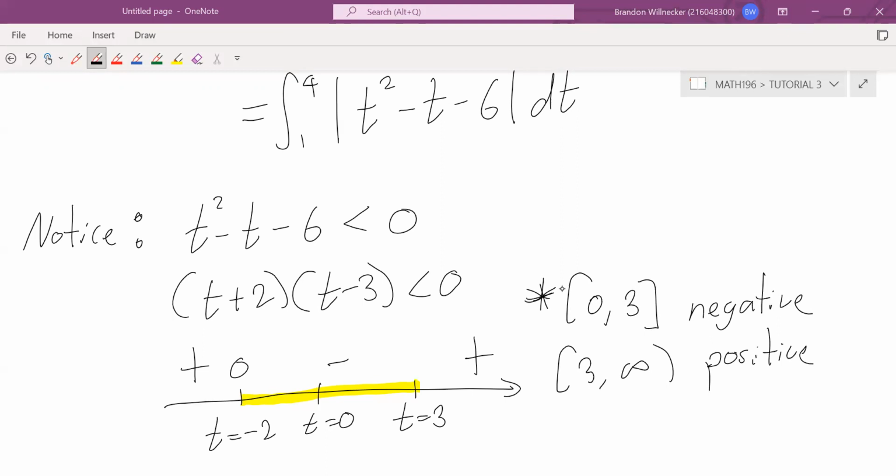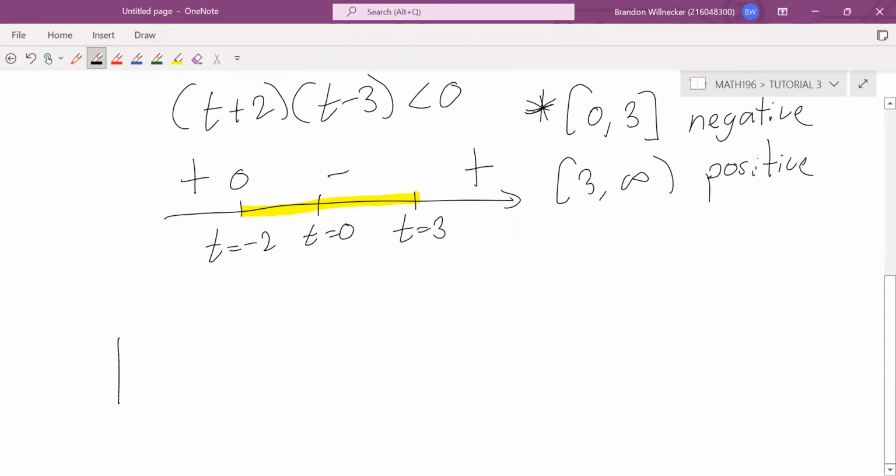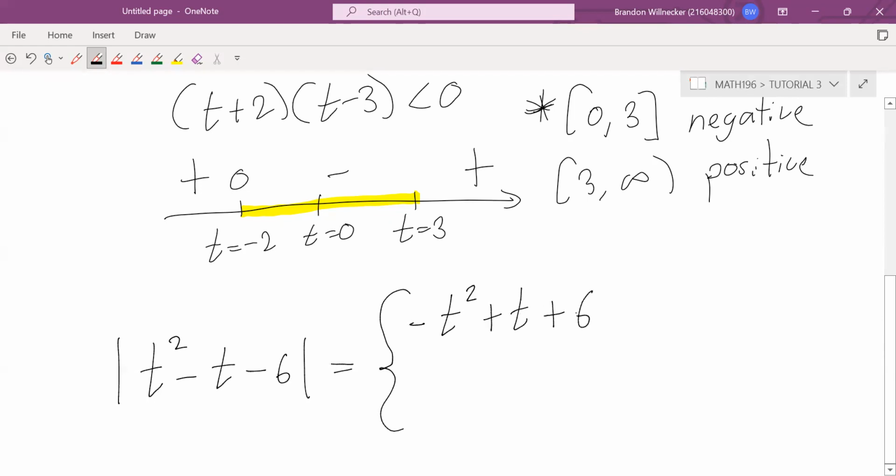So what we end up with is the following expression for the absolute value. The absolute value of t squared minus t minus 6 is equal to, we can do this in 2 parts, minus t squared plus t plus 6 for 0 less than or equal to t less than or equal to 3.